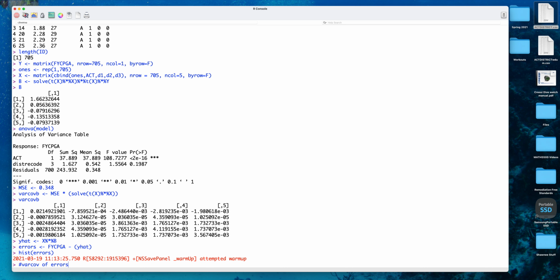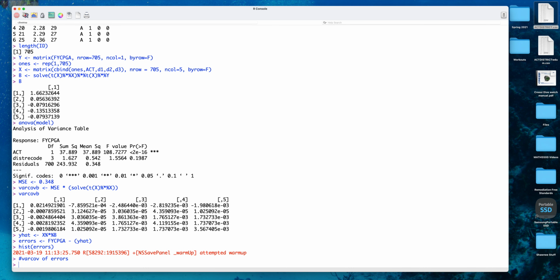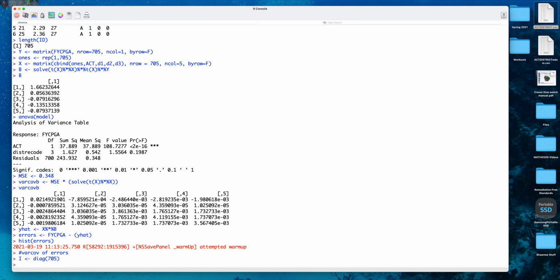So we know with the variance of the errors, the variance covariance matrix, we need the mean square error. We need the identity matrix. The identity matrix here is going to be the diagonal, we need 705. And we need our hat matrix. To create our hat matrix, we need X times the inverse of X transpose X times X transpose.